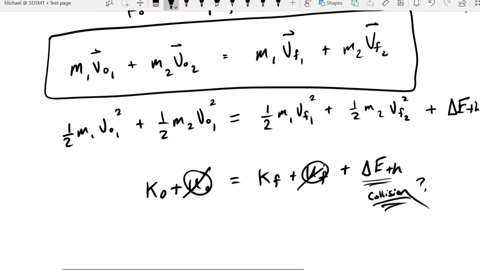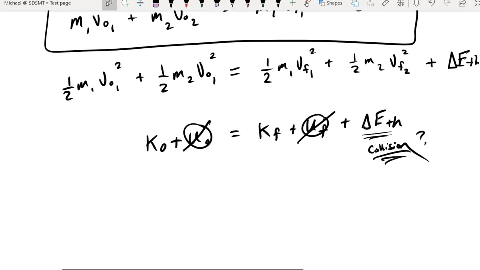So we can let the potential energies be 0, and then we can take the difference in the kinetic energies, and that should tell us how much thermal energy is generated.